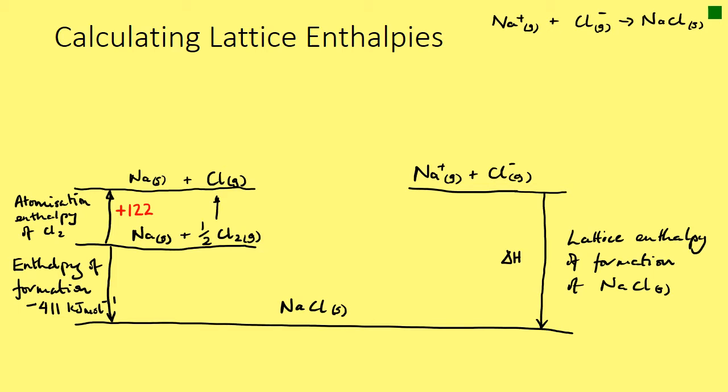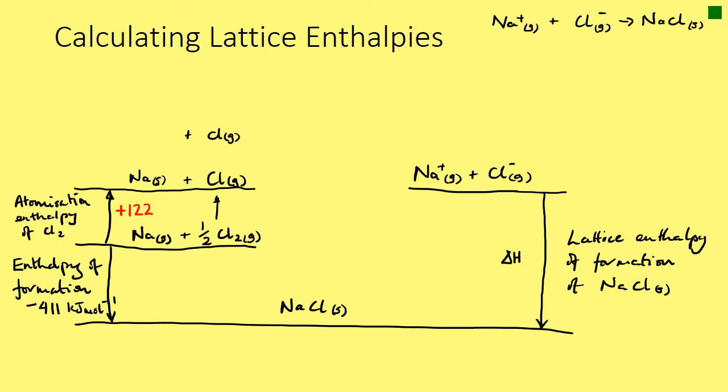So what we've done is we've atomized that chlorine molecule to give us 1 mole of chlorine atoms from half a mole of chlorine molecules. And the next thing, of course, is we have to get our sodium atomized. So we're going to have to put energy in to do that. Our chlorine is going to be the same.